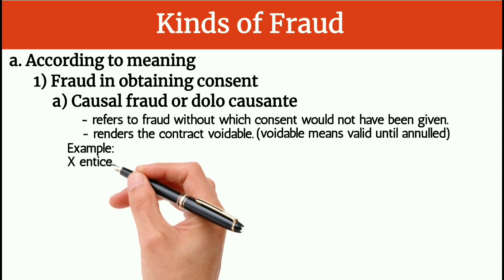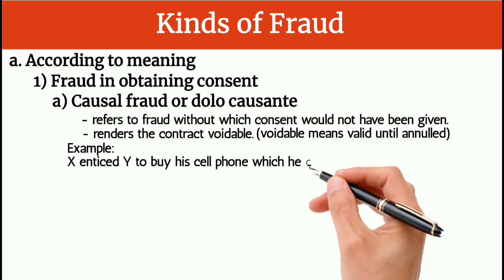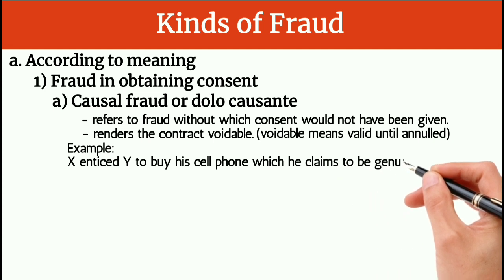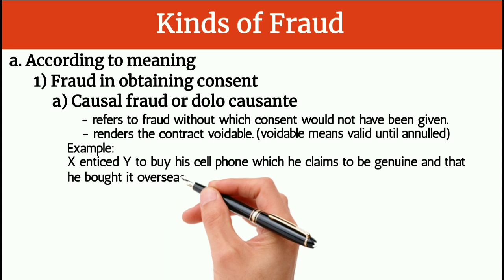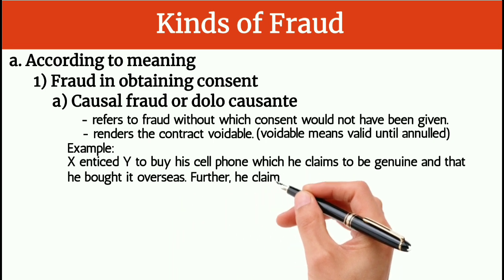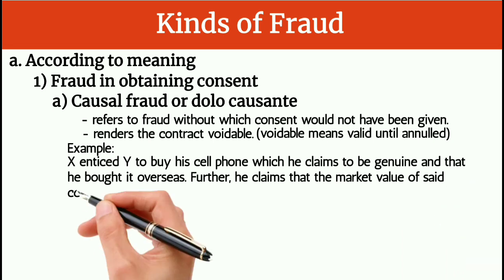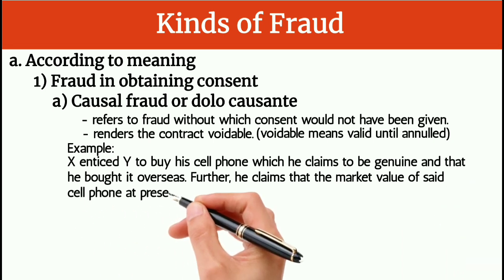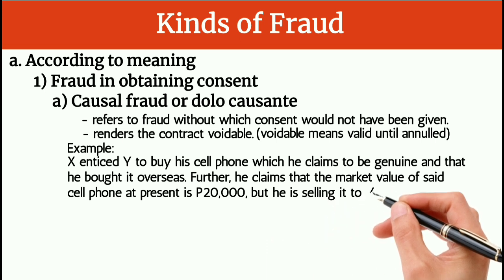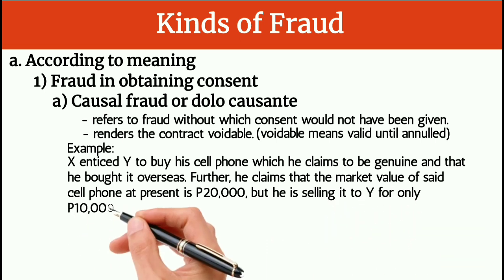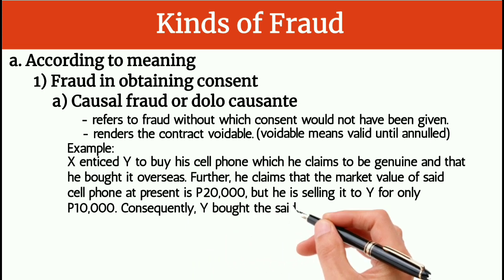Let's have an example. X enticed Y to buy his cell phone, which he claims to be genuine and that he bought it overseas. Further, he claims that the market value of said cell phone at present is 20,000 pesos, but he is selling it to Y for only 10,000 pesos.